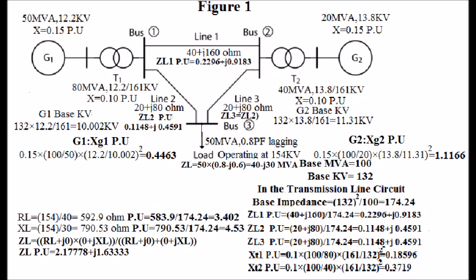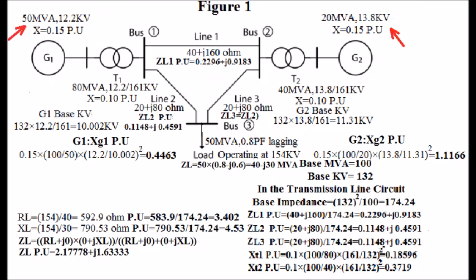See the display of figure 1 of a power system having two generators, two transformers, three transmission lines and only one load bus.